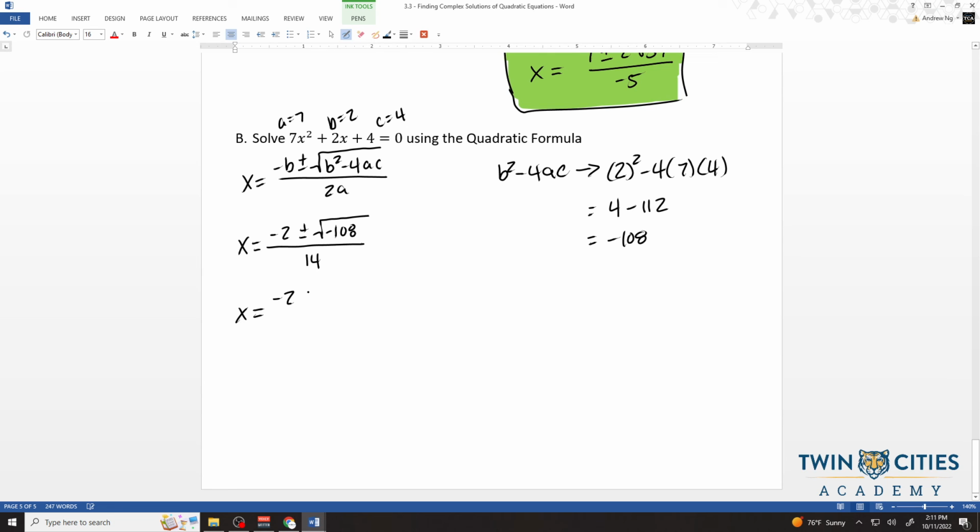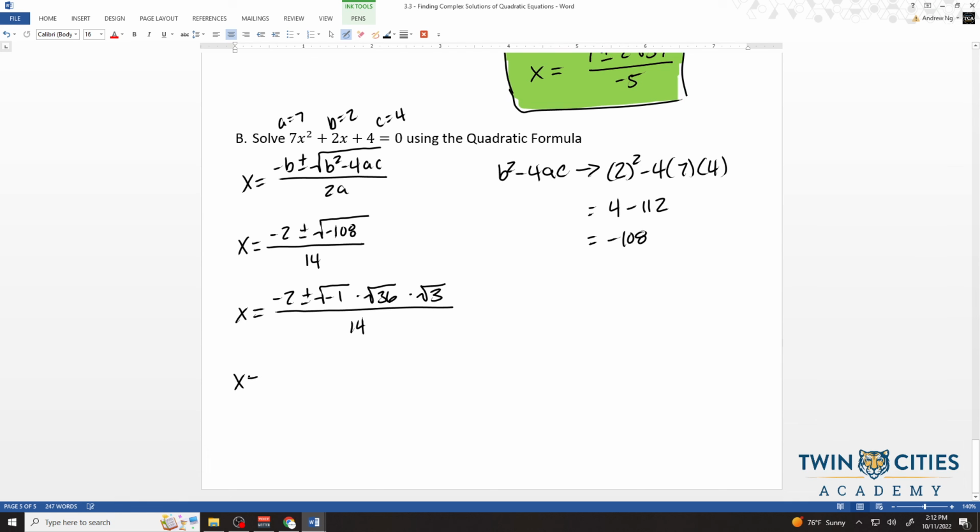This is negative 2 plus or minus the square root of negative 1, because this is negative here. That'll leave me with a positive 108. Let's see, 108 is divisible by 36. So times the square root of 36. I'm using 36 because that's a perfect square. And when I divide 108 by 36, I'm left with 3. So we're going to have another square root of 3 here as well. And this is all over this 14.